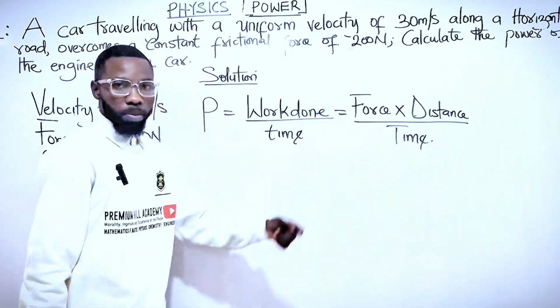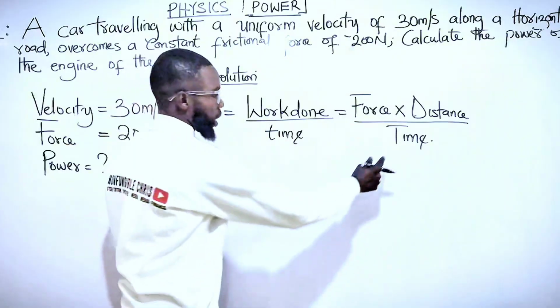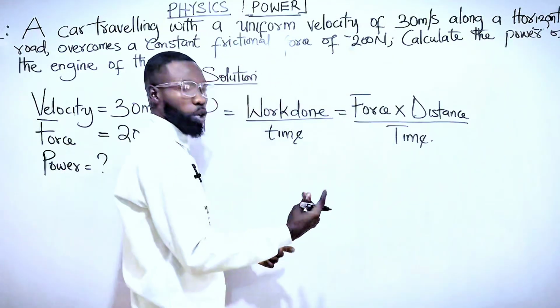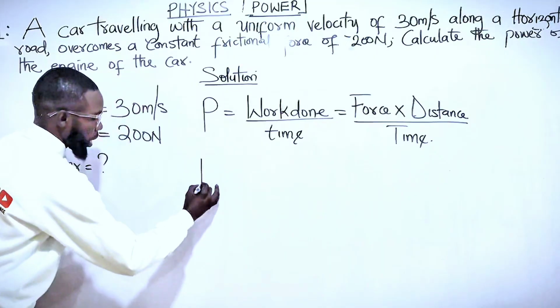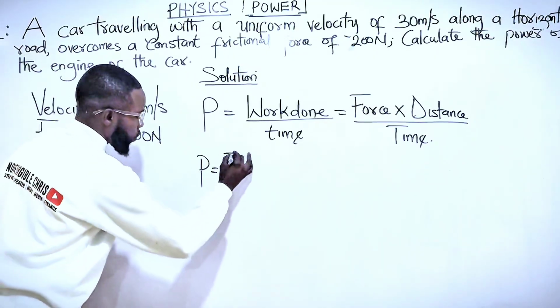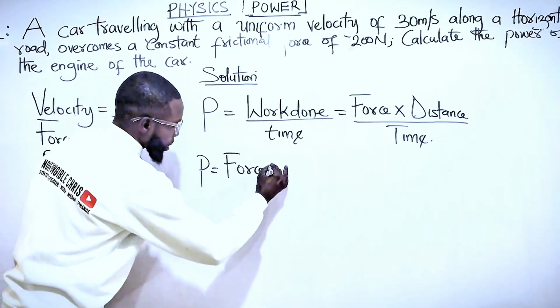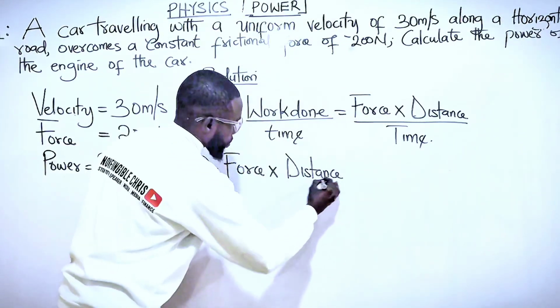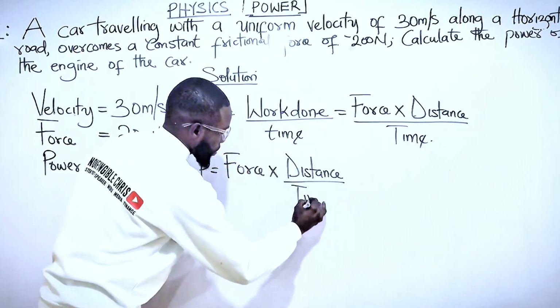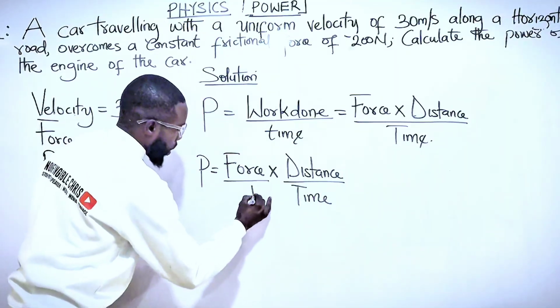This is the formula we talked about. But then we can take this time and form a new equation by moving this time over to this part, so that power is equal to force times distance over time. If I make this over 1, it's the same thing.